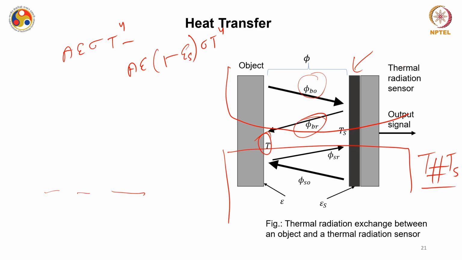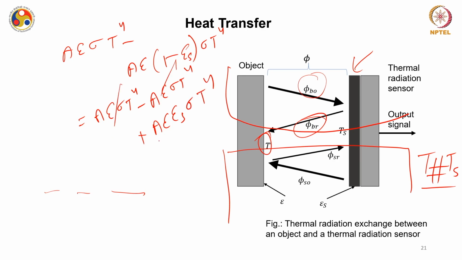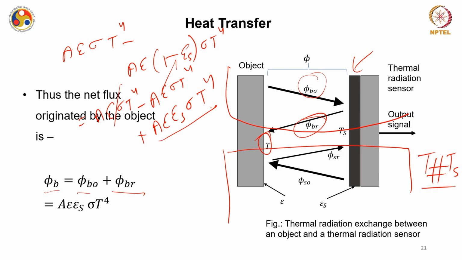If I see this equation, this will be simply equal to a epsilon sigma T to the power 4 minus a epsilon sigma T to the power 4 plus a epsilon epsilon s sigma T to the power 4. These values get cancelled and you get this particular value.